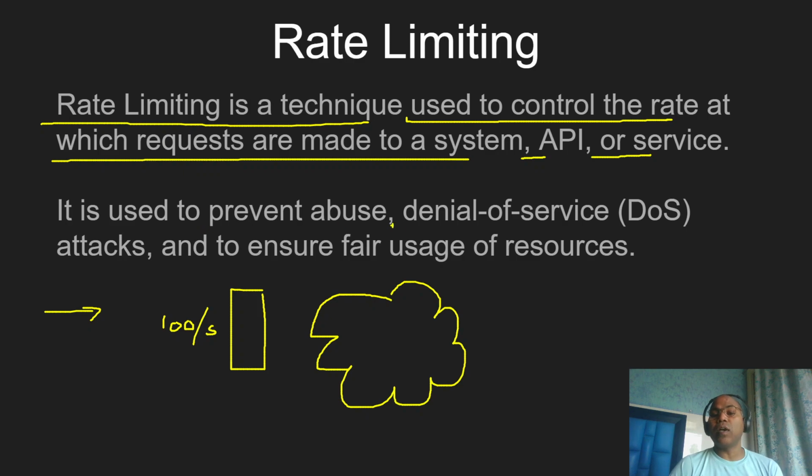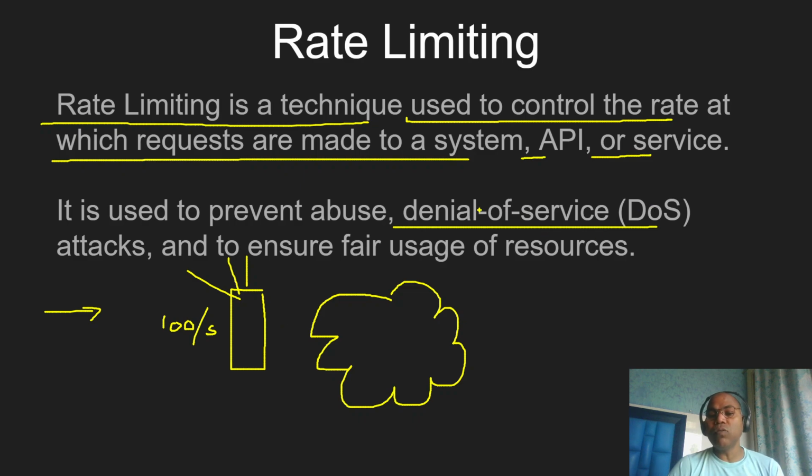To prevent scenarios like denial of service, if a huge number of requests come to my system, it may not be able to serve. Maybe the designated, valid person who is allowed is only sending 10 requests per second, but that right person is also not able to access my services.